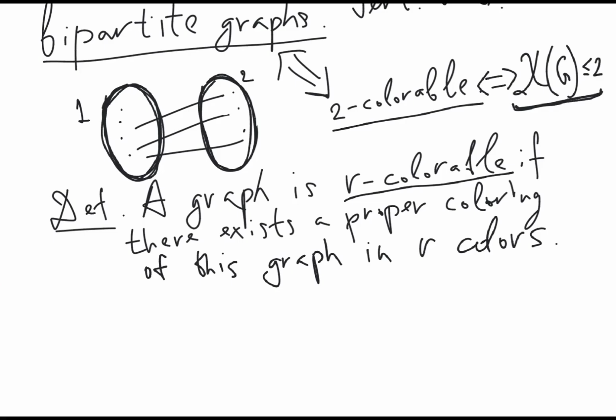There are a lot of properties of proper colorings and of chromatic numbers. Obviously I can't cover all of this in this video. Some of them I already covered in several videos where I talked about the chromatic number and proper colorings.